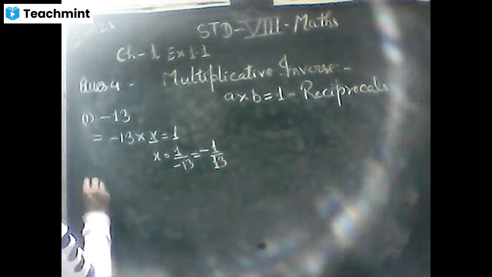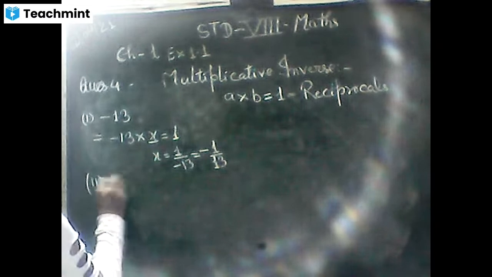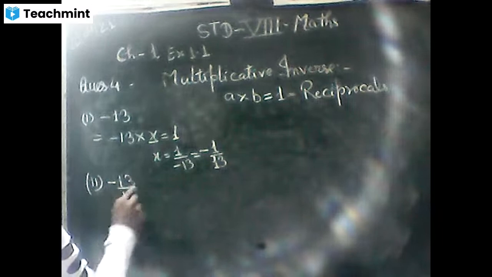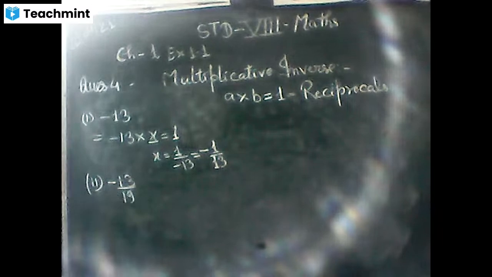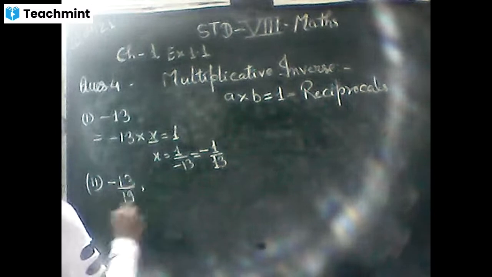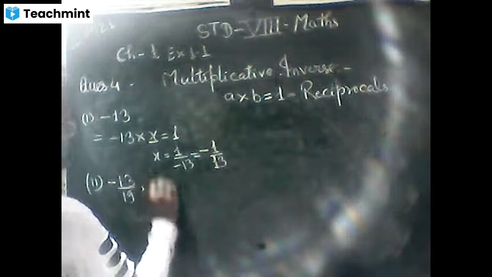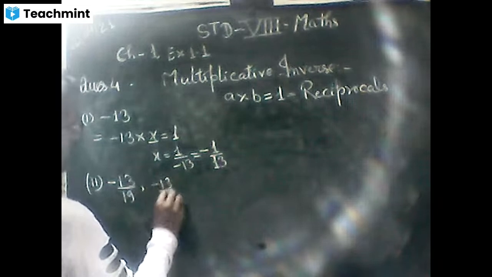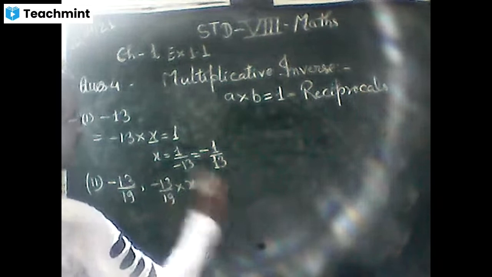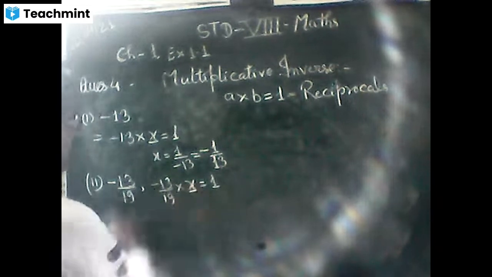Other problem, our second problem, is minus 13 by 19. This is our rational number. What is the multiplicative inverse of this rational number? Then we say minus 13 by 19 is multiplied by x and this gives the product as 1. So what is the value of x?